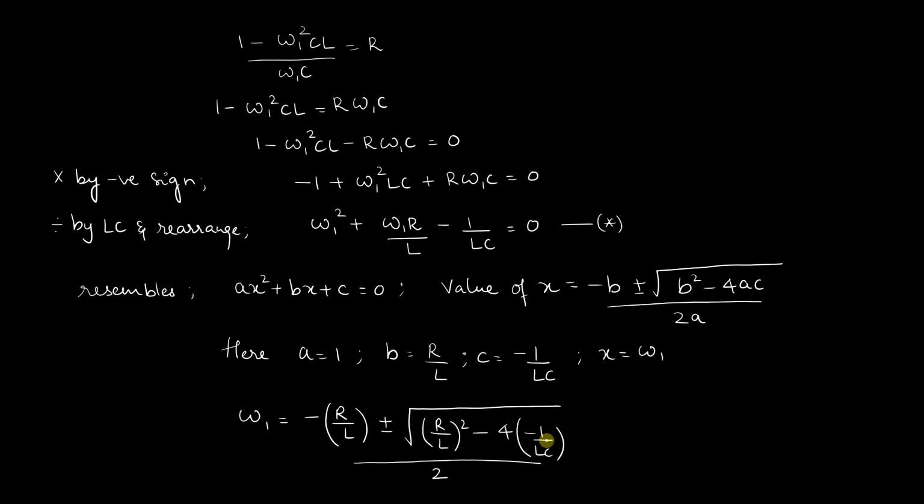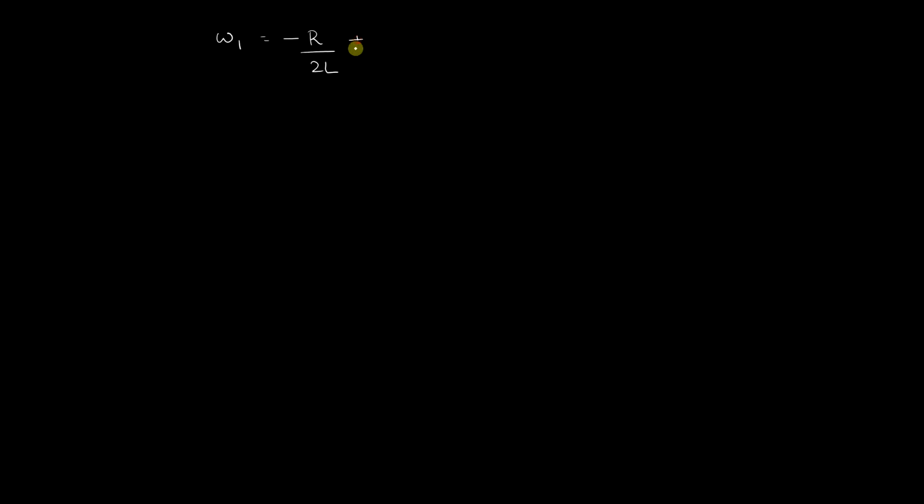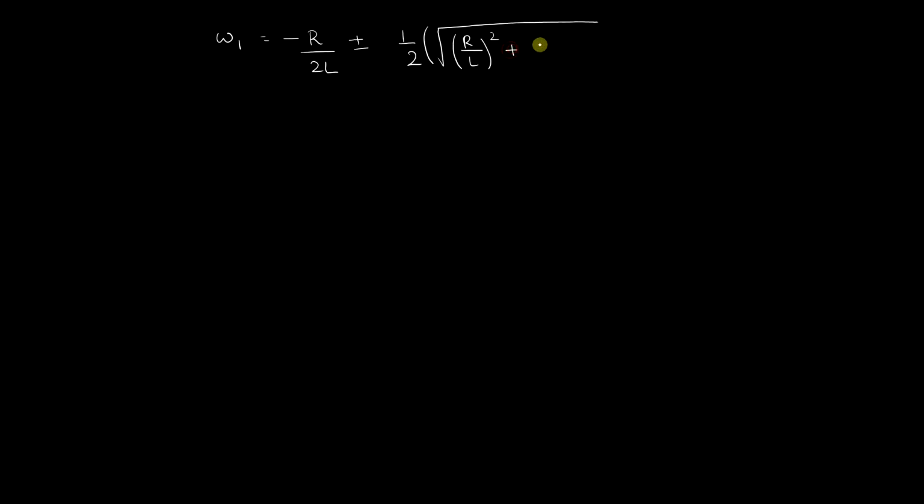So this can be written as omega 1 equal to minus R by 2L plus or minus 1 by 2 into square root of R by L the whole square. There was a negative sign here, there was a negative sign here, so that becomes plus 4 by LC.